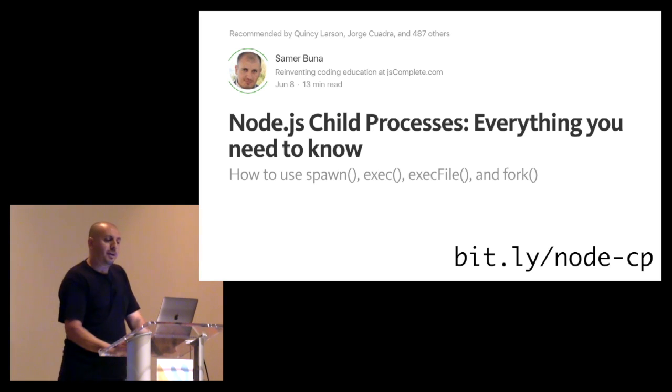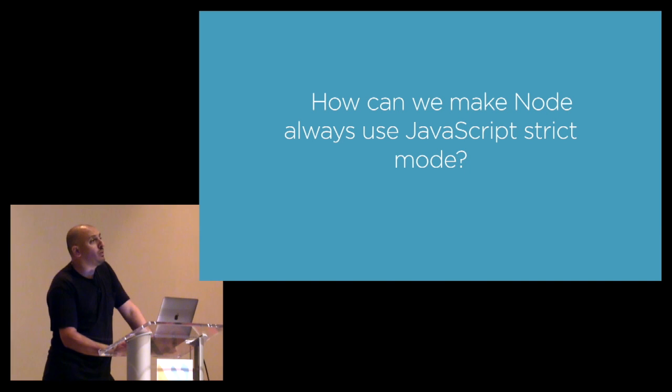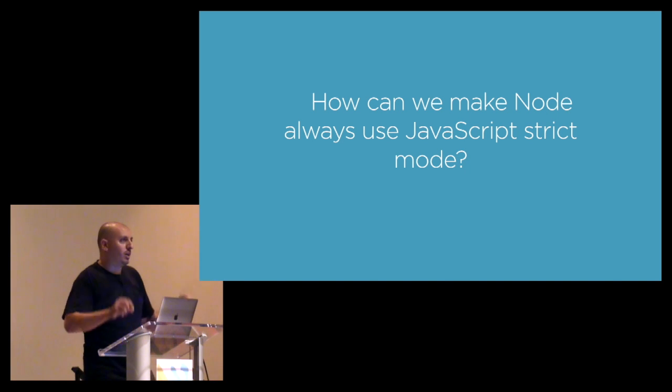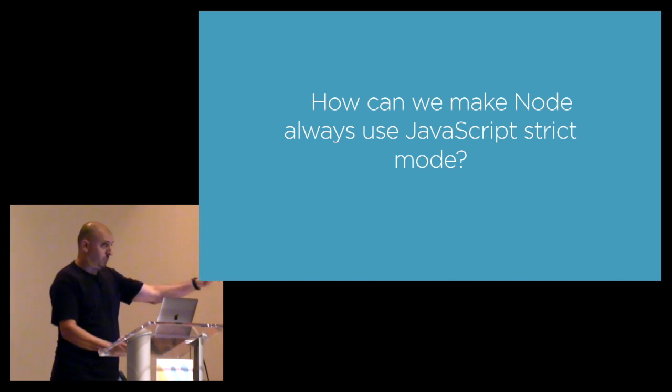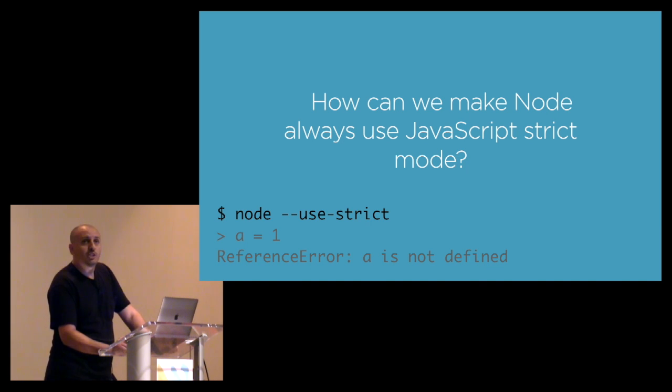All right, let's try easier questions. How can we make Node always use JavaScript strict mode? So I don't want to do 'use strict' everywhere. I don't want to track that. I just want strict mode all over the board. It's as simple as just doing that. node --use_strict.